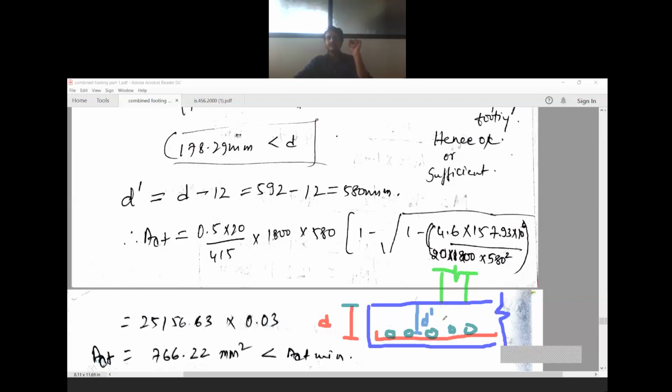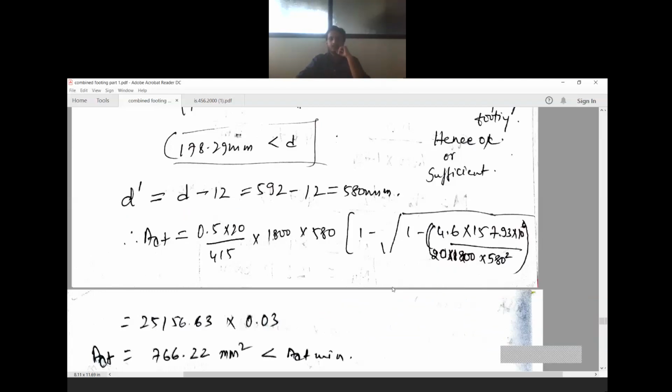D dash is the effective depth for transverse reinforcement. So D dash we have to calculate. So observe here, D dash is equal to D minus 12. Why 12? Below column A, we have provided 12 diameter longitudinal reinforcement. So after 12 we have to consider this. So effective depth is 592 minus 12.